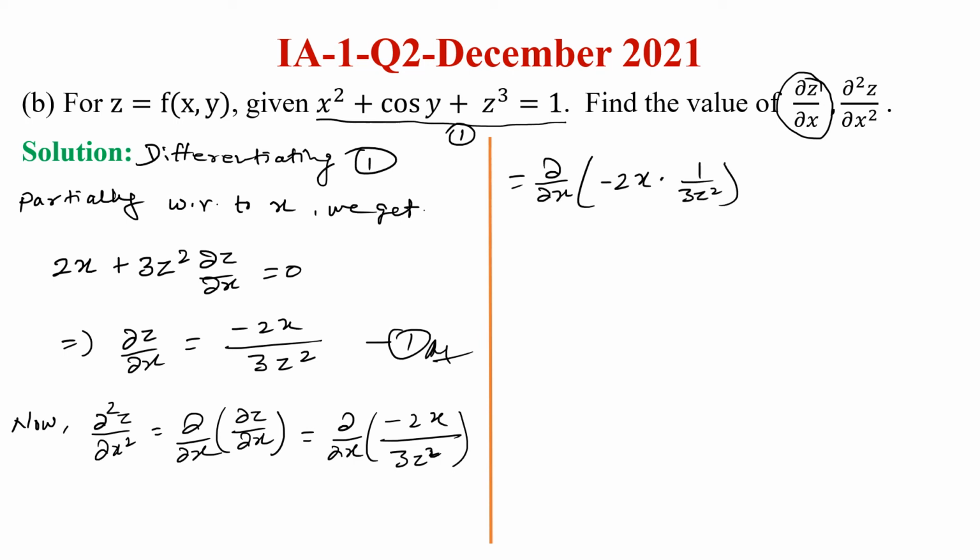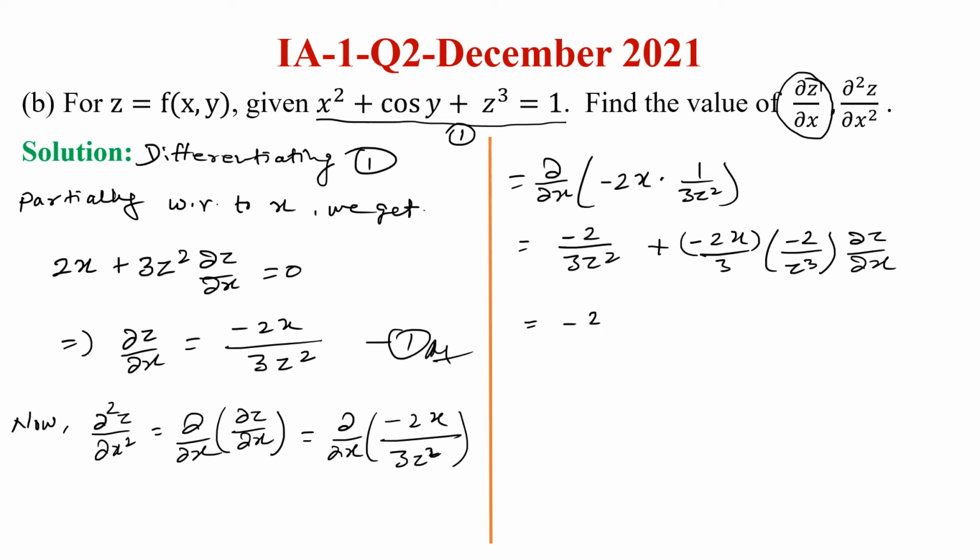So the u into v formula can be used. By applying u into v, we differentiate this 2x, and this is v here. So it will be minus 2 upon 3z square plus, now keeping minus 2x by 3, and 1 upon z square, the differentiation of 1 upon z square, using the chain rule, gives minus 2 upon z cube times del z upon del x.